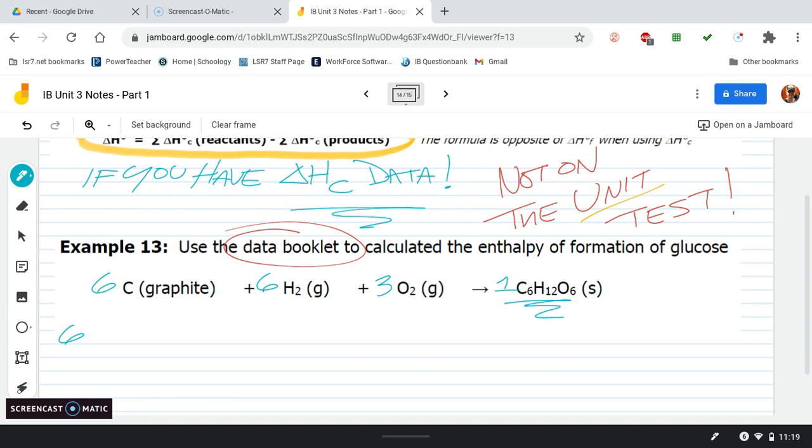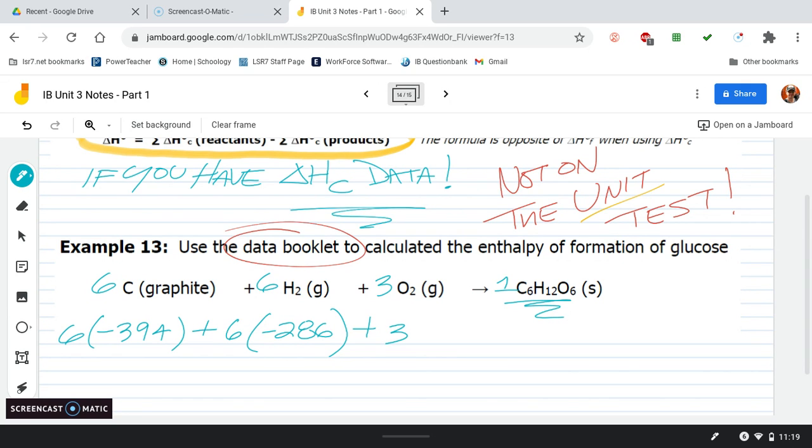And it's because they're finding this data in a different way. Instead of making things, they're combusting things. And so that gives you a different set of data. If you found this answer using delta H sub F data, and you did products minus reactants, you would get basically the same exact answer.